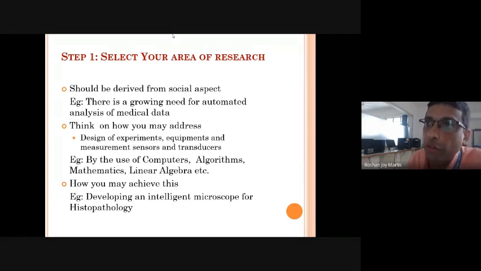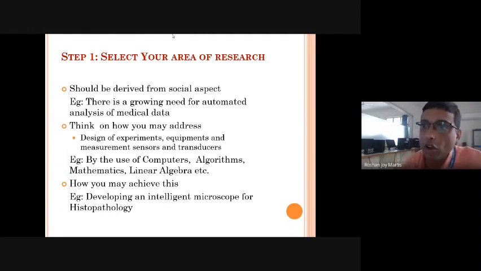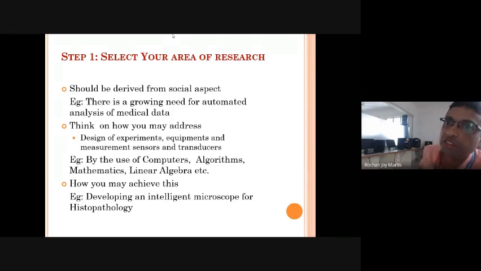This way we have to derive the research problem from the social aspect and think on how to address that problem. So here we need to design the experiments, and various equipment, measurements, sensors, transducers, etc. are used.